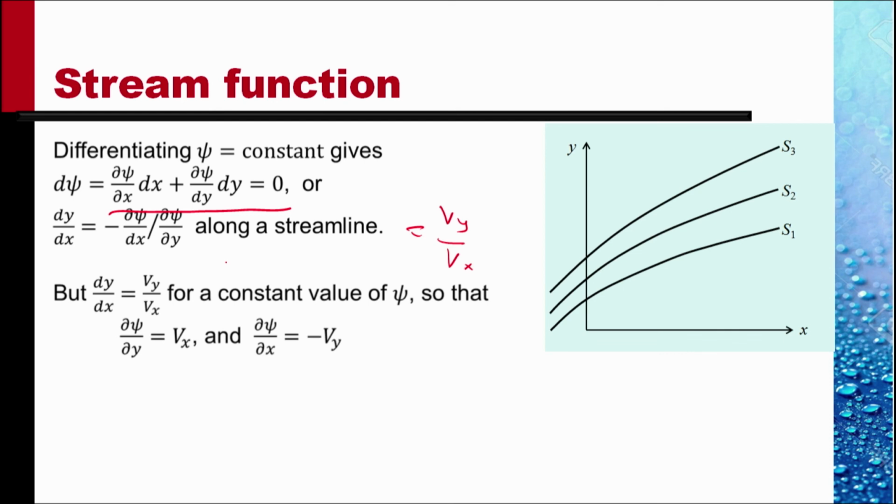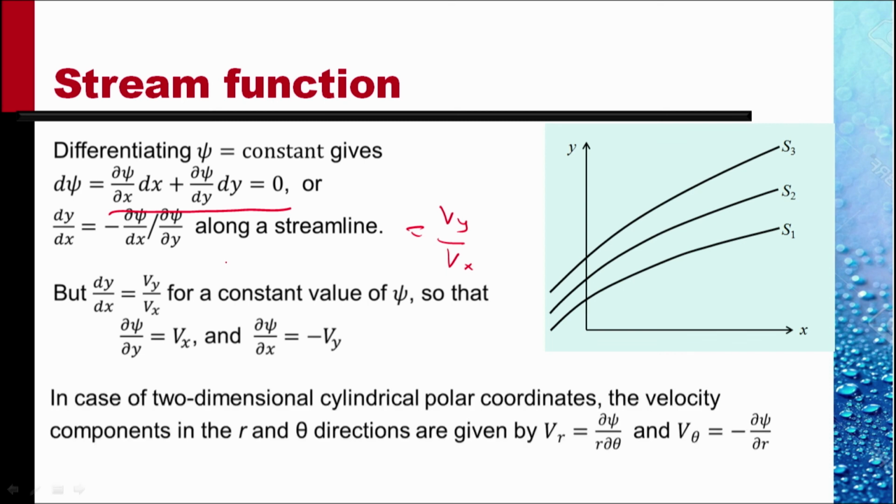This gives an important advantage in calculating complex flows. In case of two-dimensional cylindrical polar coordinates, the velocity components in the r and theta directions are given by Vr is equal to del psi by r del theta, and V theta is equal to minus del psi by del r. Psi is the stream function.